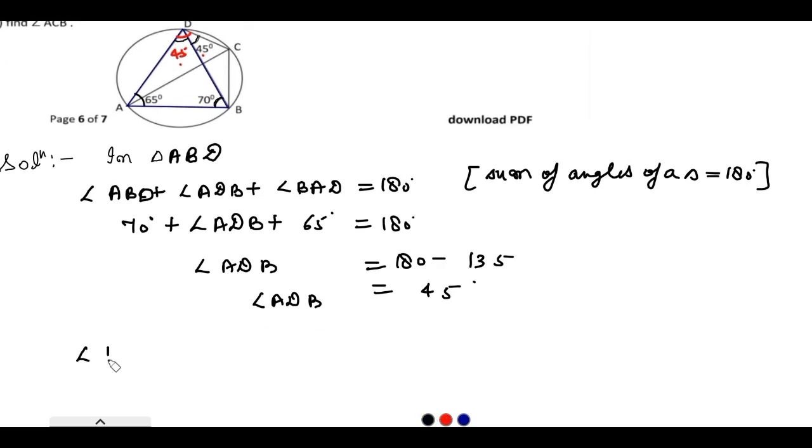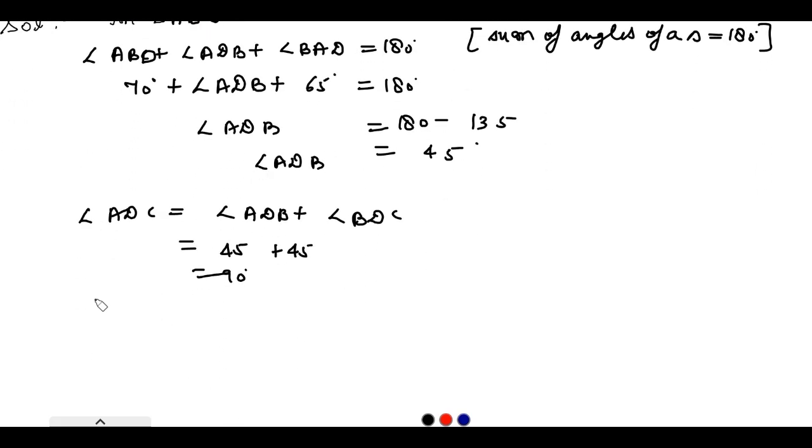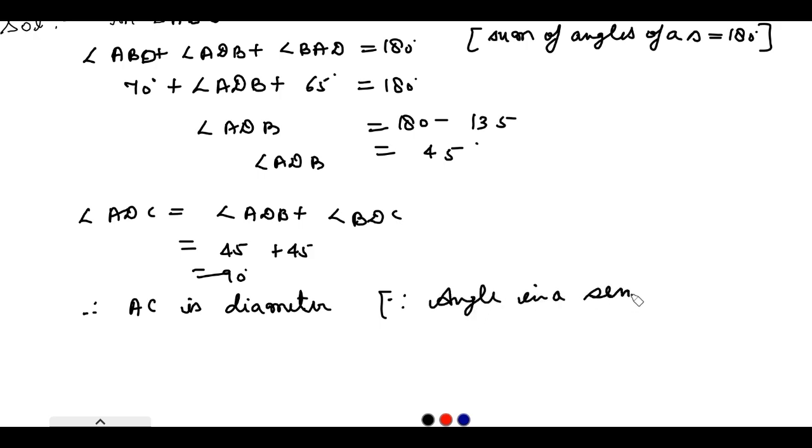Now angle ADC is equal to angle ADB plus angle BDC, 90 degree. Therefore AC is the diameter, since the angle in a semicircle is a right angle.